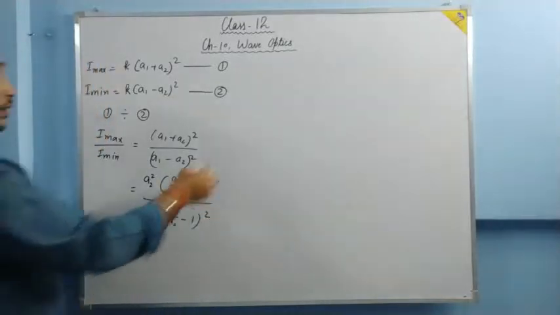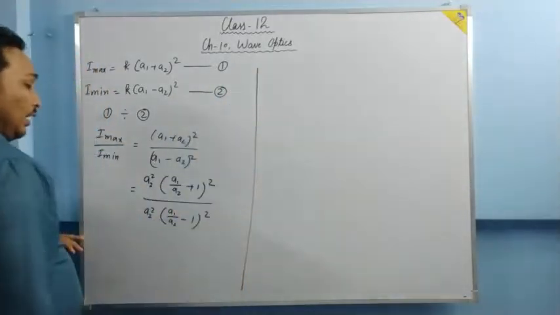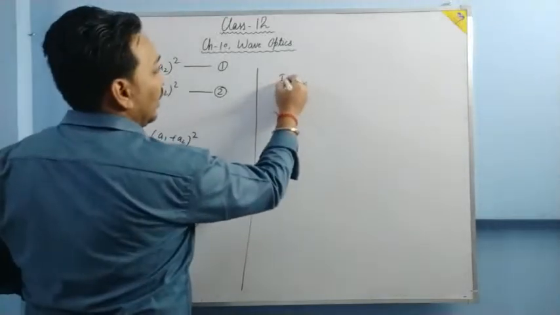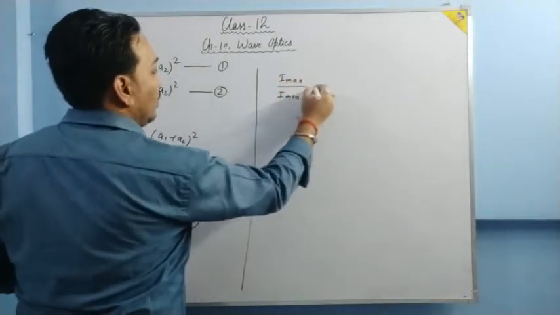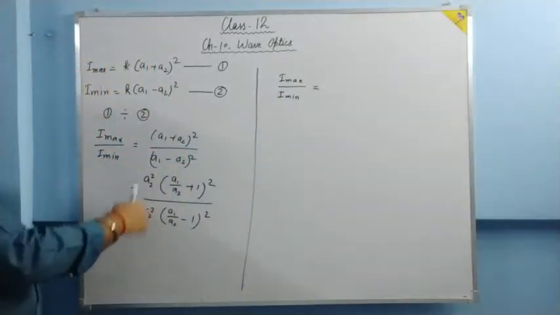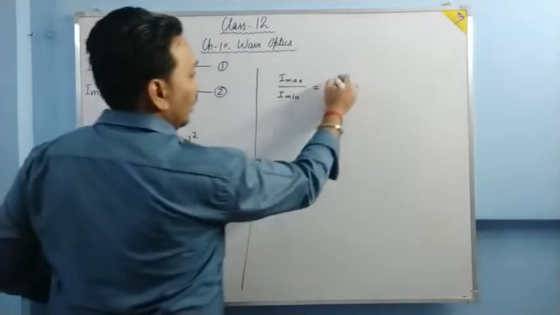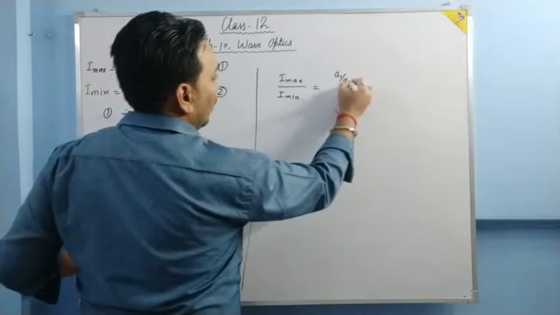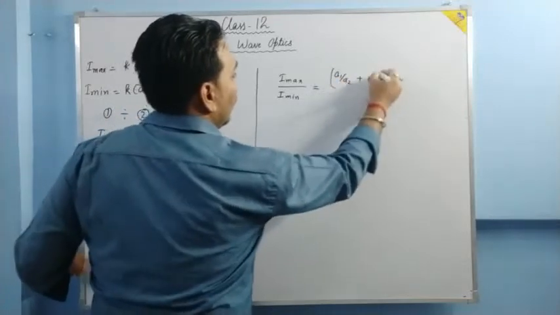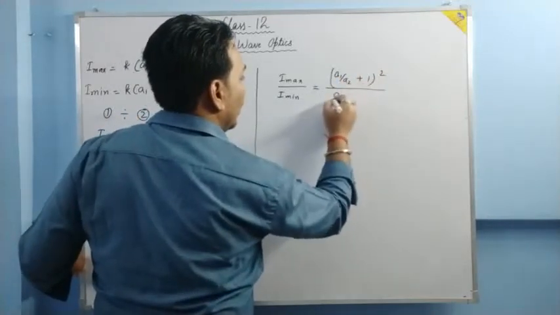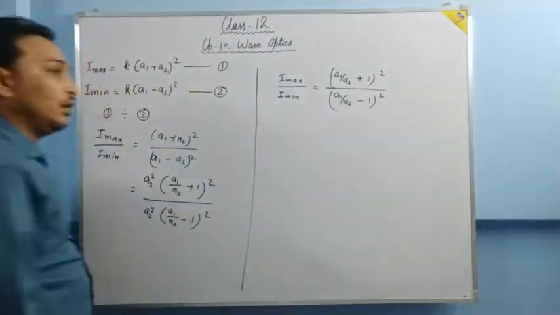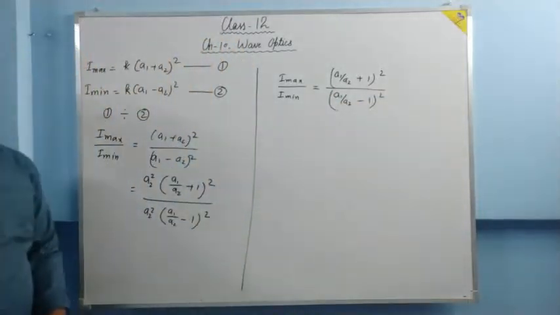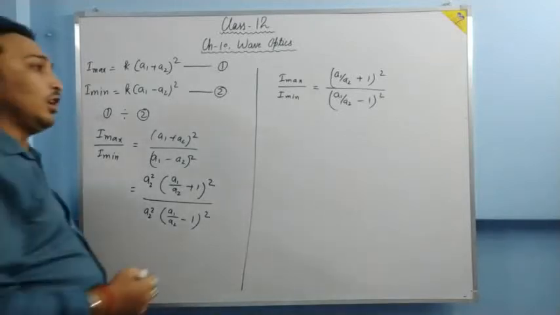A2 square will be cancelled out, and we will have I max to I minimum is equal to (A1 upon A2 plus 1) whole square upon (A1 upon A2 minus 1) whole square. Now this A1 upon A2 we defined as small r.